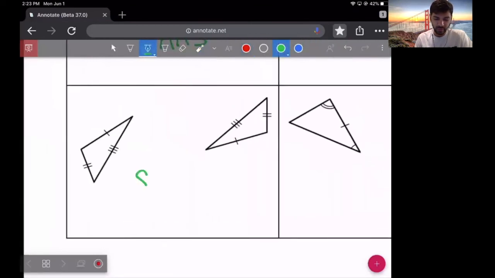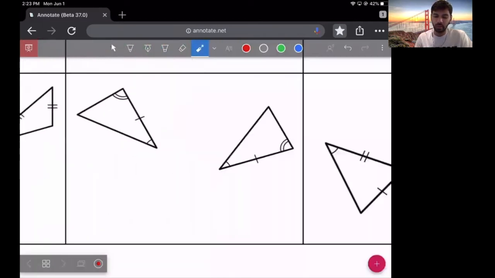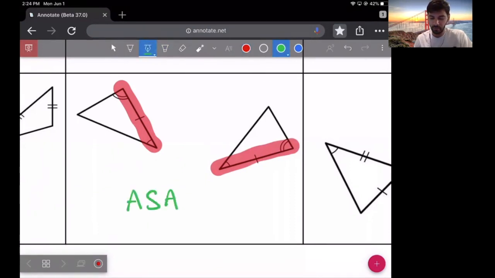This is side, side, side, because you notice all 3 sides are marked. All right, here we have angle, side, angle. This one you identify by just looking at how they form. If I highlight it, it forms a straight line on the same side. So this is going to be angle, side, angle.